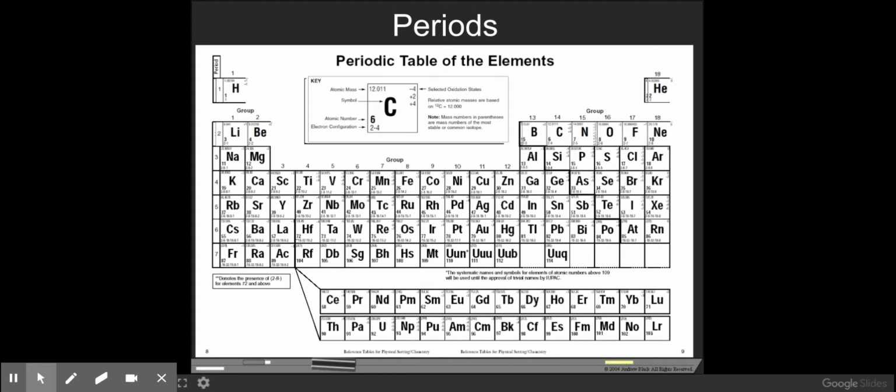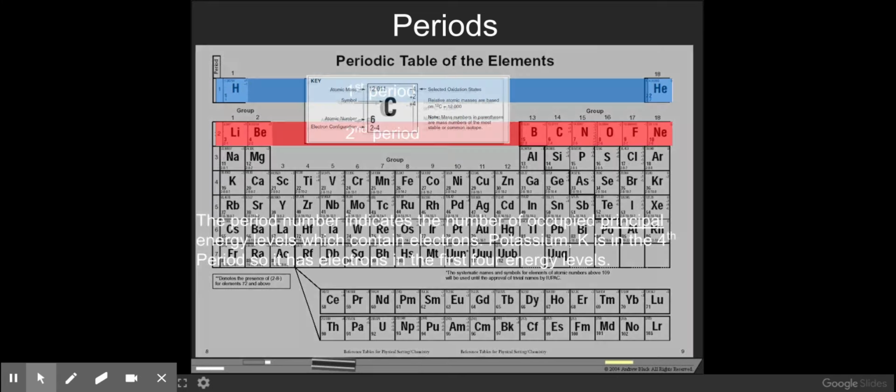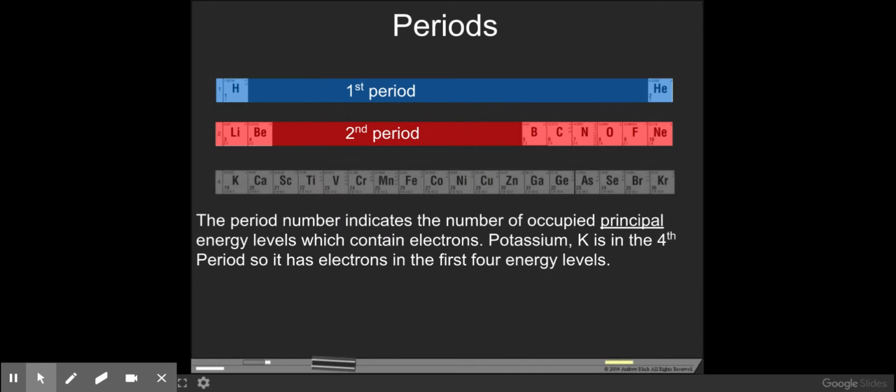So your periods on your periodic table, it tells you right here, they run straight across. So here's the first period, second, and so on and so forth. The period number indicates the number of occupied principal energy levels which contain electrons. So if you look in the bottom left-hand corner of the element, you'll see like hydrogen and helium, they only have one electron shell.